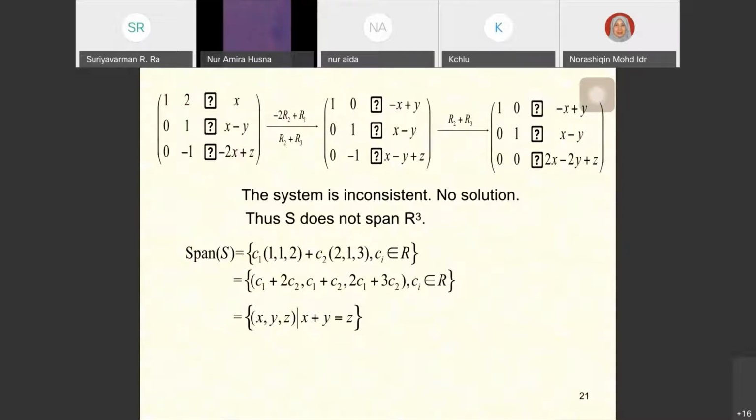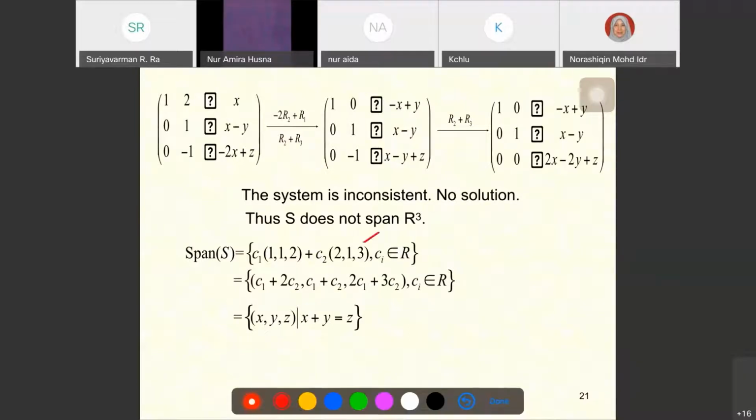Okay, if it is not, then find what is span of S. So span of S is C1 (1, 1, 2) plus C2 (2, 1, 3), right? We want to find what is the form of span of S. So we have C1 plus C2, C1 plus 2C2, C1 plus C2, 2C1 plus 3C2.